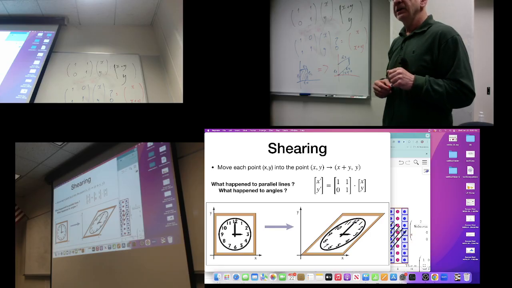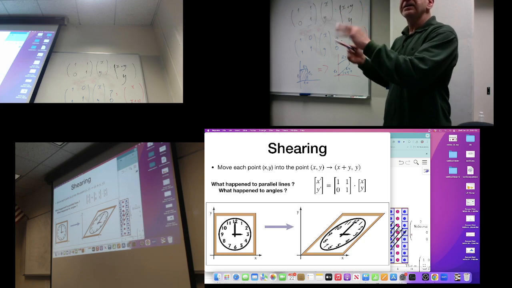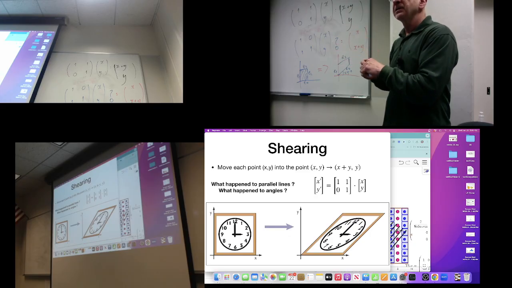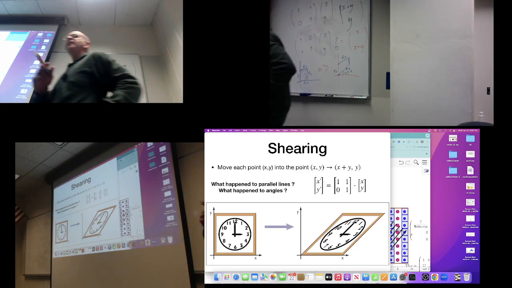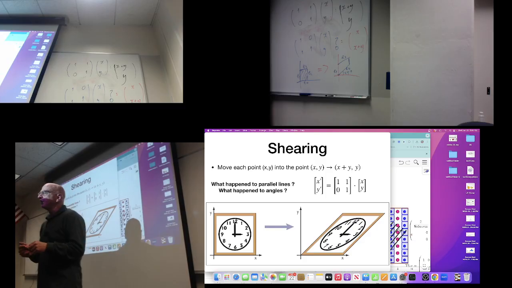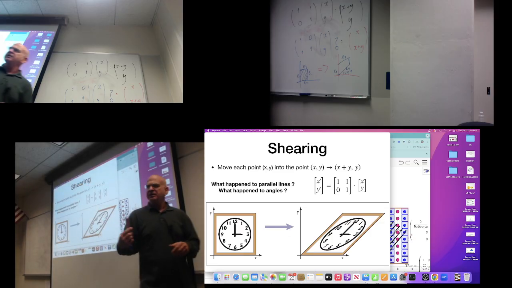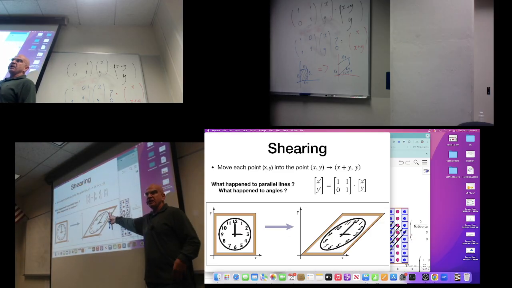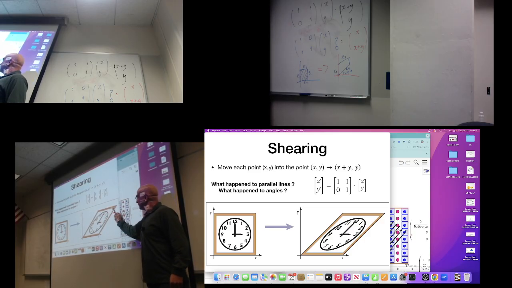I'm not putting my neck out, but I think that you are correct. Yeah, but just look at the images. For shearing, angles are not preserved, but parallel lines are. Everybody heard it? Parallel lines go to parallel lines in both rotation and shearing. Angles in shearing, this is not 90 degrees.